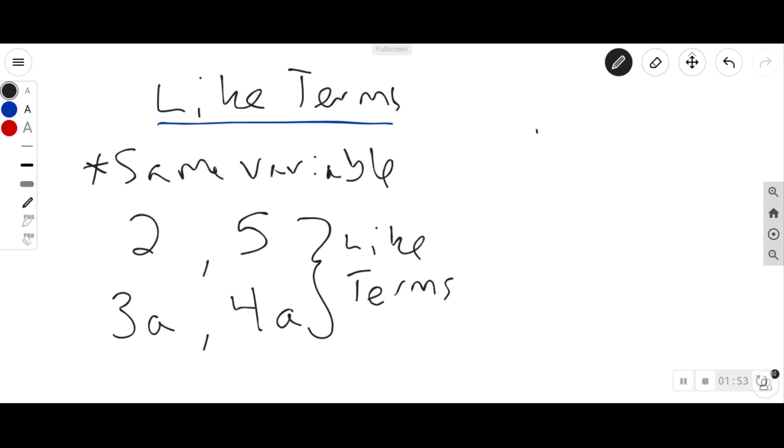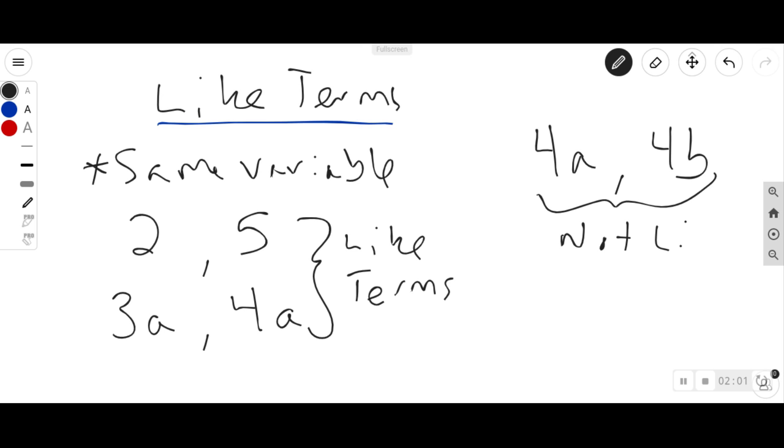But if I have 4a and 4b, these are not like terms because they have different variables. The number in front of the variable, or the coefficient, doesn't matter. That's why things like 2 and 5, which are different numbers, are considered like terms.